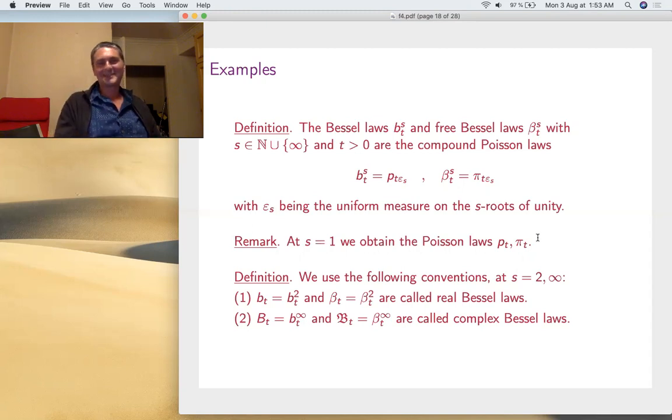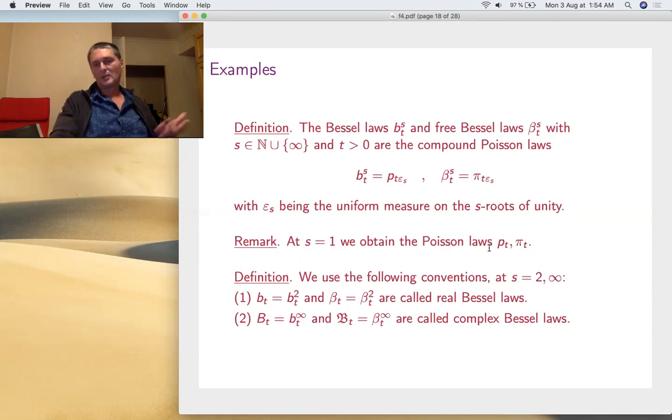That's one of the simplest examples. We obtain the so-called Bessel and free Bessel laws. The terminology comes from the fact that the density is given by a Bessel function of the second kind.